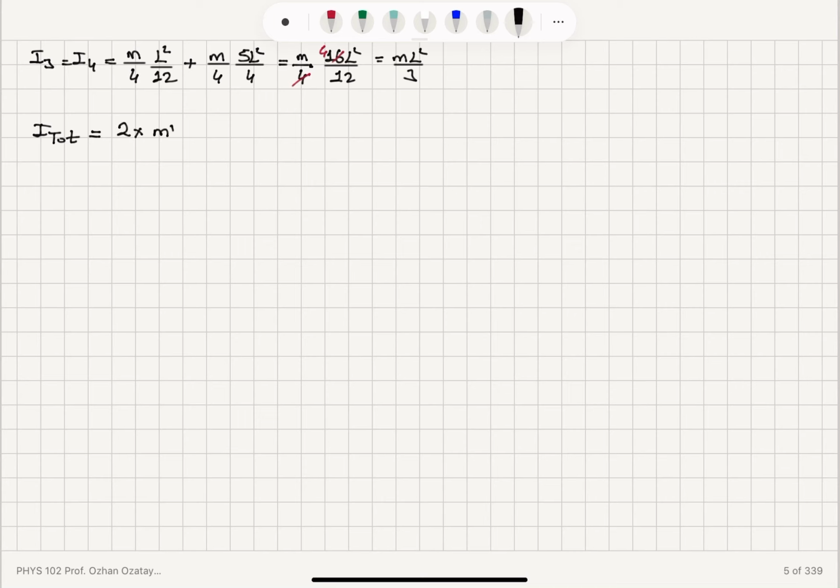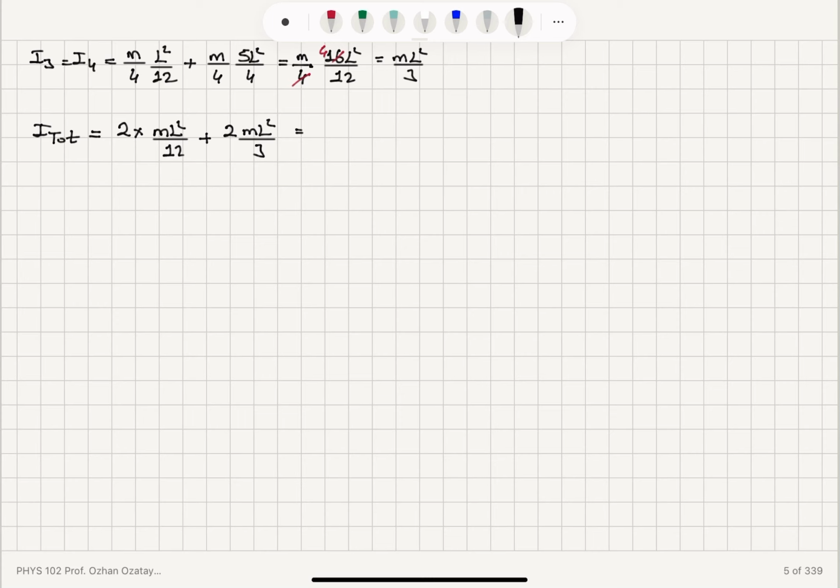They each have moment of inertia mL squared over 12. Segments 3 and 4 each have moment of inertia mL squared over 3. So it's 2 mL squared over 3. So I will see that I have 4 times 2, 8 over 12, and then I have 1 over 12 here.